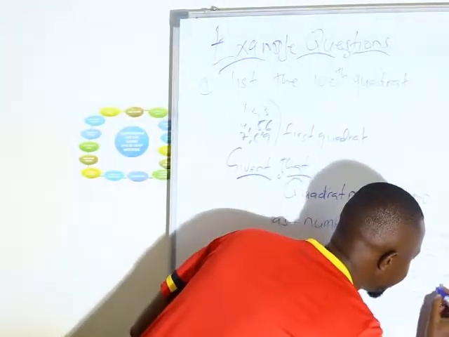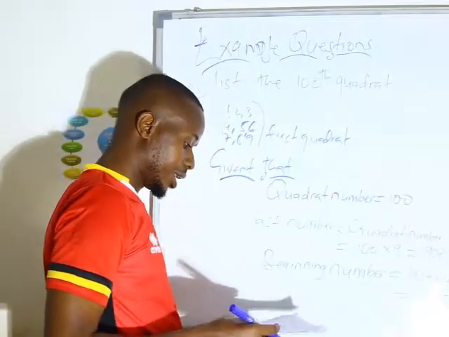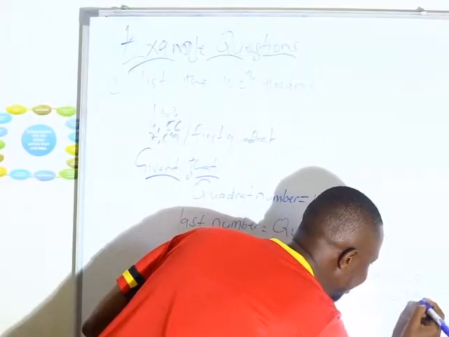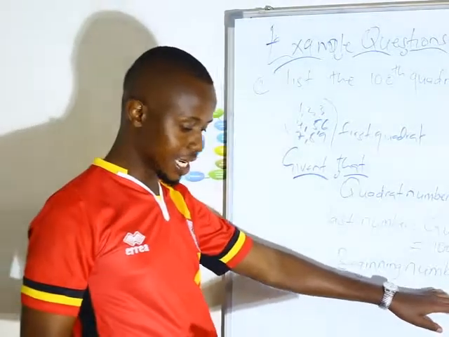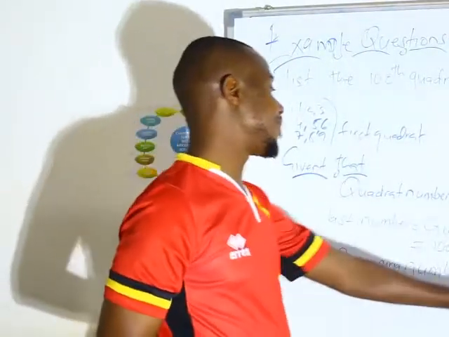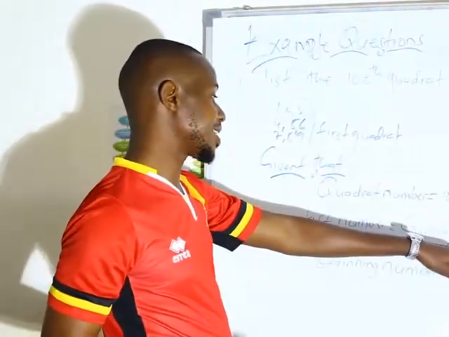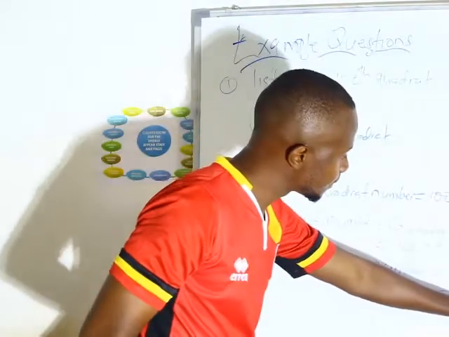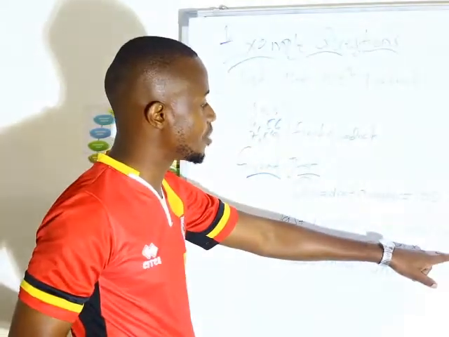So 900 minus 8 equals 892. Not so? 892. Therefore, the quadrant we are going to write has 892 as the beginning number and 900 as the last number.